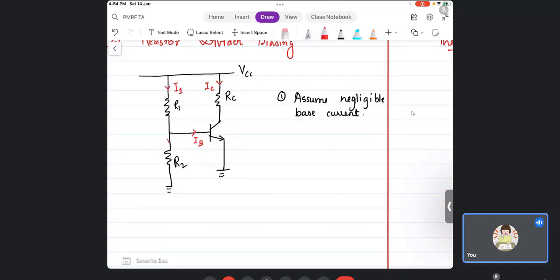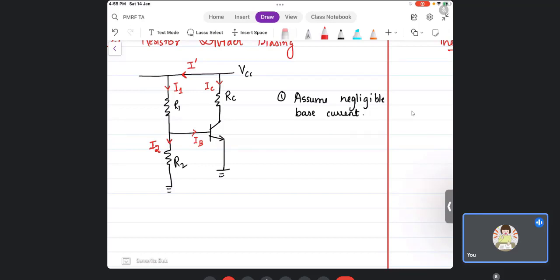And this current will be I1 minus IB, which I will write as I2.